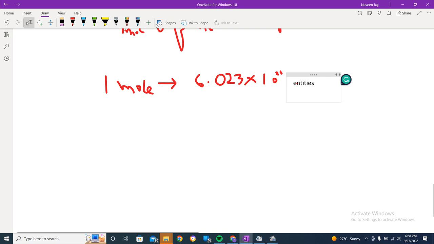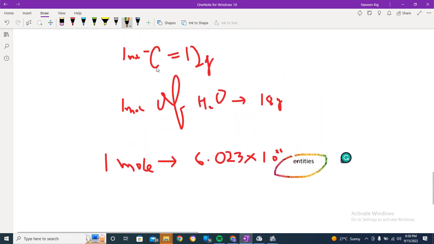Entities can be atoms or molecules, depending on the atomic or molecular formula. This number is called the Avogadro number, denoted Na. So 1 mole of carbon is 12 gram, and the number of atoms in it is Na. Similarly, 1 mole of H2O is 18 gram and contains Na number of molecules. I do hope that you got this cleared up.